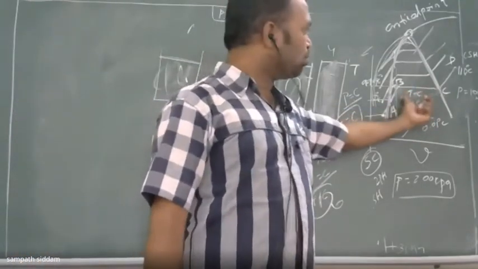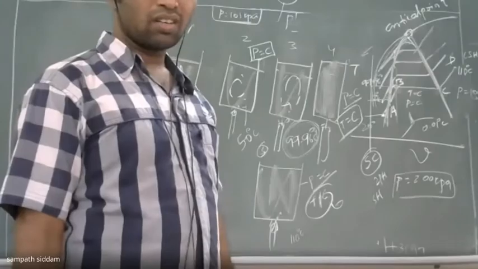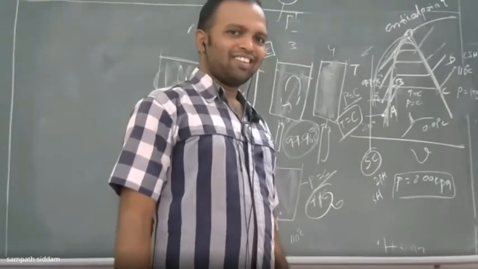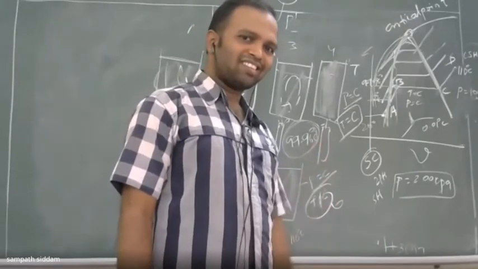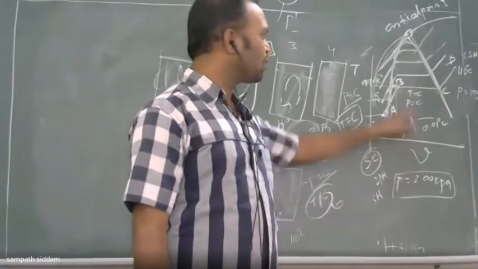In this dome, how many independent intensive properties are required? 2, 3, 1? 2. Everyone says 2? 2 or 1 or 3? 2. Right. You are not clear with the concept which I told you.